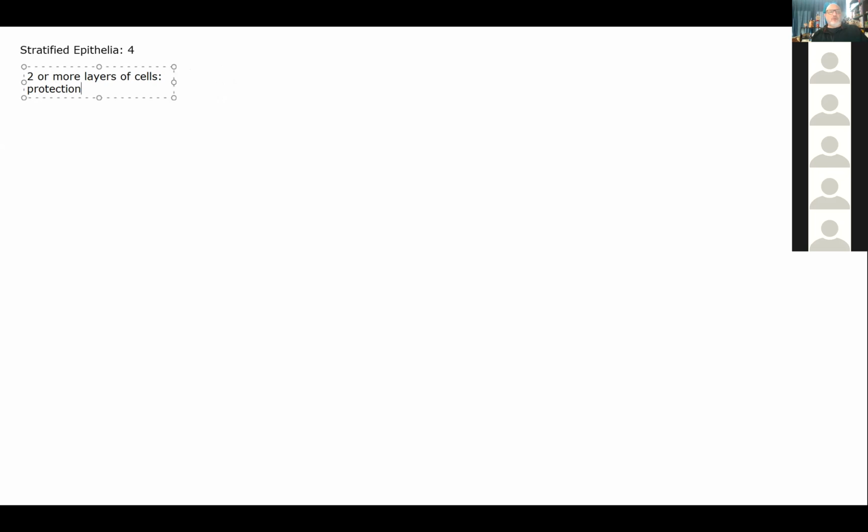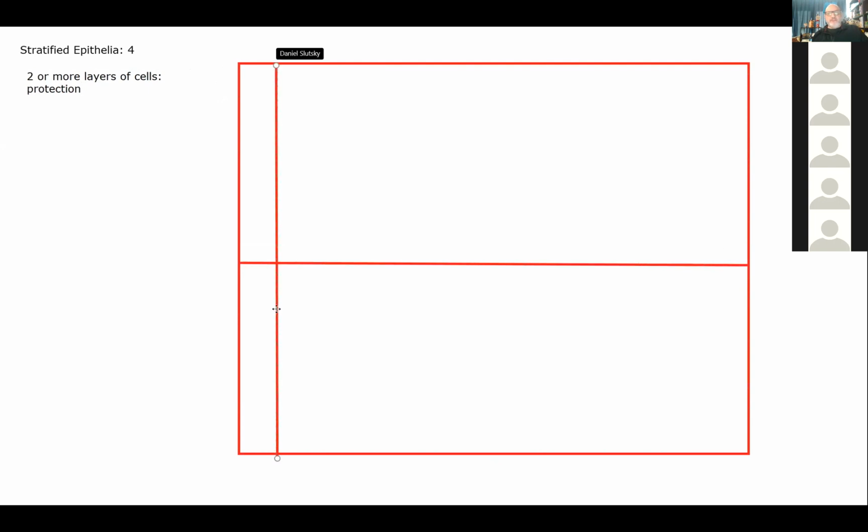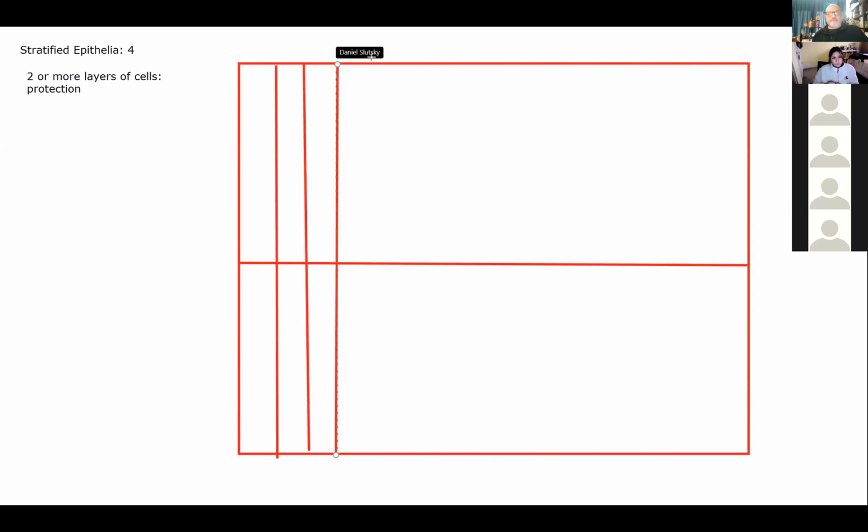Now, I gave you two earlier easy examples. Let's say, for instance, I have a tissue that is comprised of two layers of tall, narrow cells. What type of tissue would that be? Stratified columnar. Excellent.